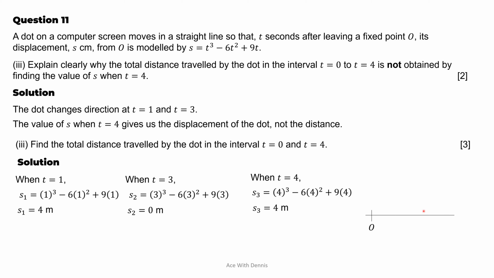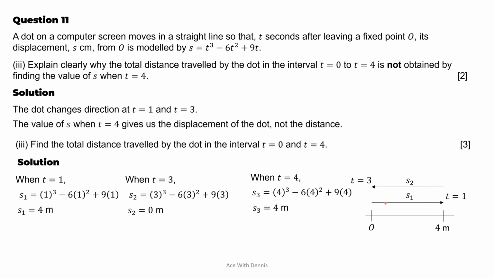We can illustrate it with this diagram. O is the fixed point, which is the starting point. It moves in this direction, and when it reaches 4 meters, at t equals 1, it stops. So this is S1. It changes direction to the opposite side and moves in this direction.